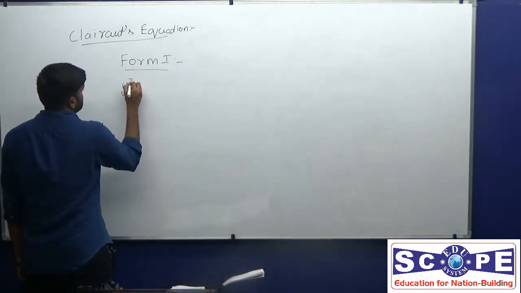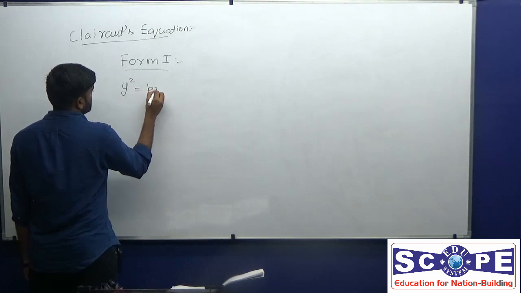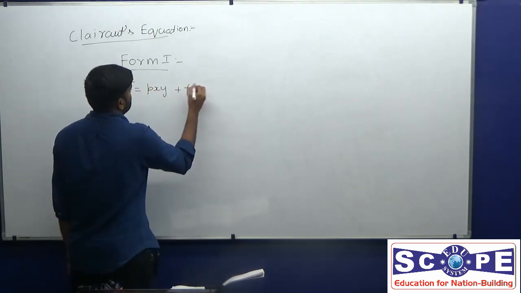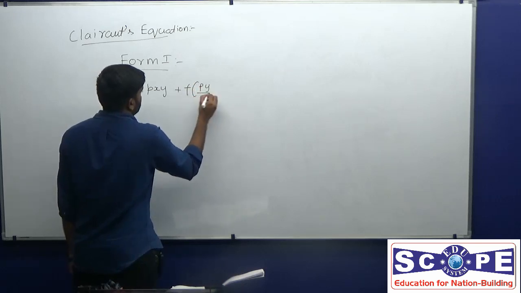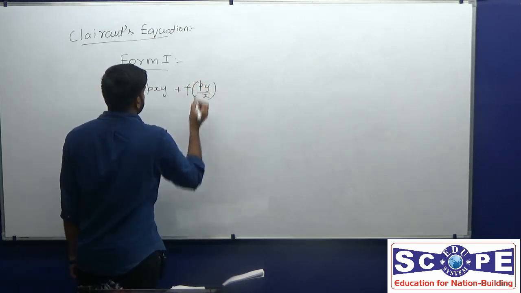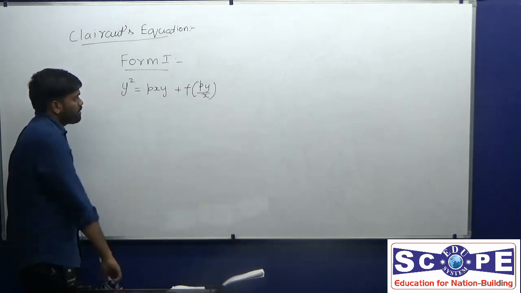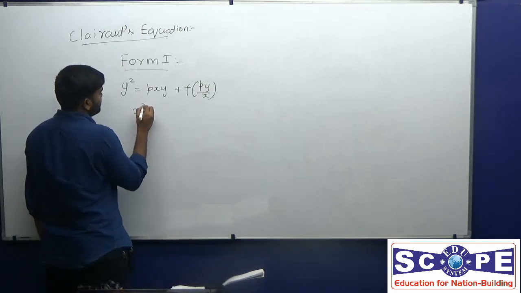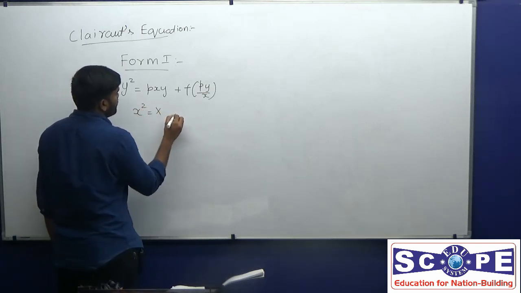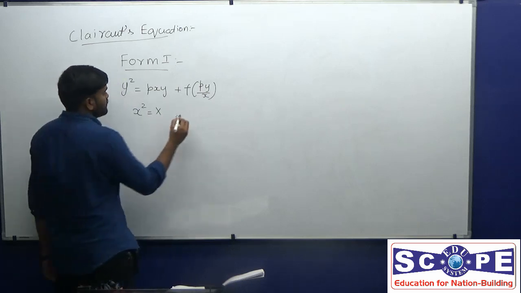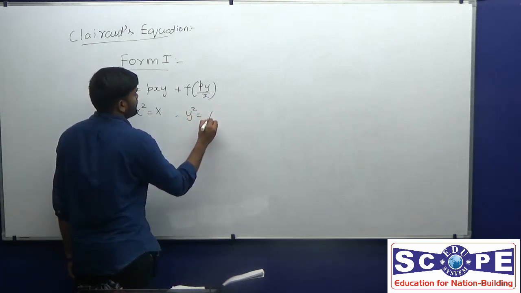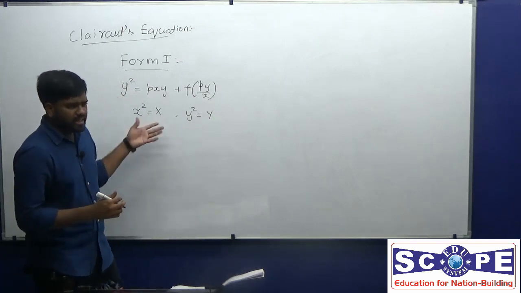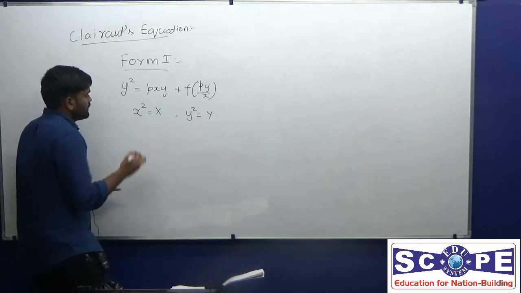If you get these type of questions, y square equal to pxy plus f of py by x. In these questions, what we do is we take x square as capital X, and y square as capital Y. If you may get confused with x and X only, you can take other terms also, t, z, anything like that.